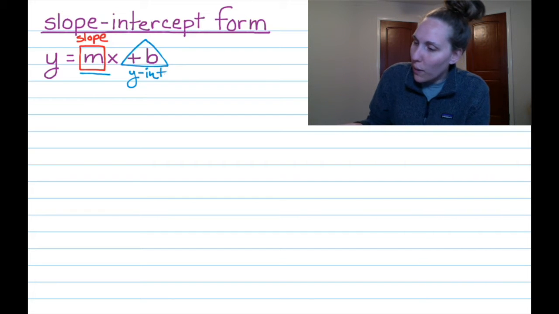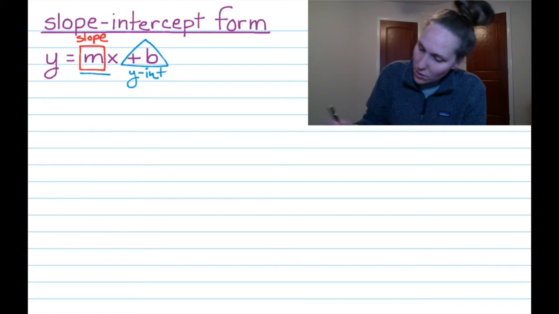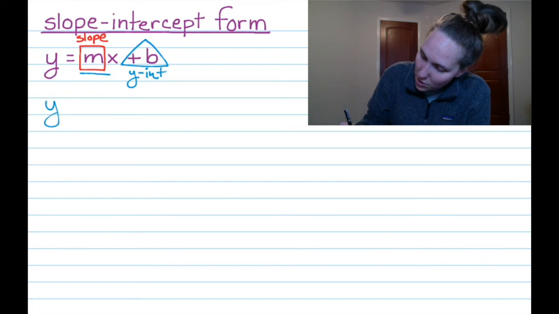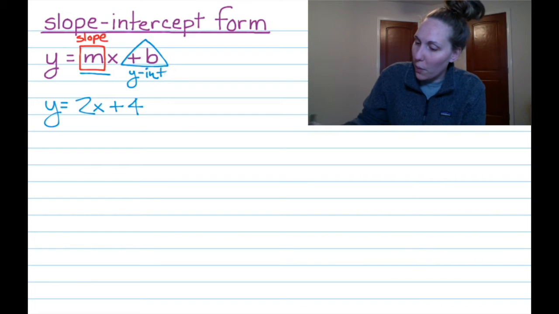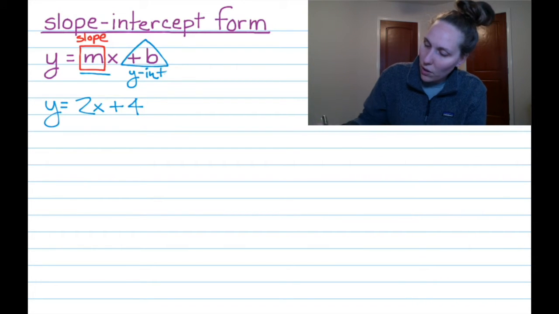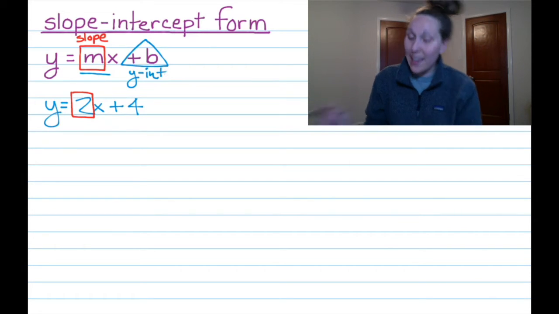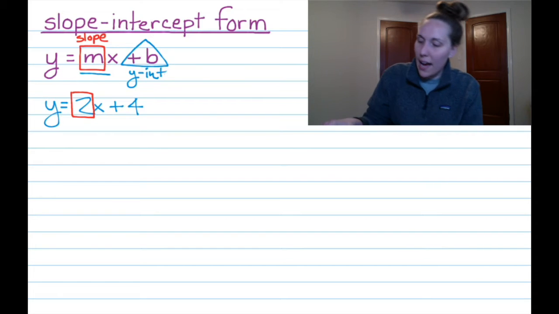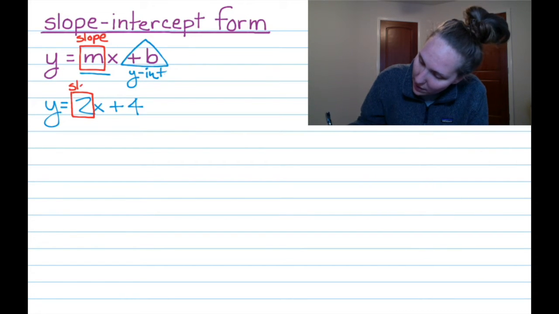So let's try writing out some equations here just to get some practice in. For example, if we had the equation y equals 2x plus 4, and we needed to identify which part of this is our slope and which part is our y-intercept. Well, our slope would be the 2 right here because it's what's right up against x, what's being multiplied by x.